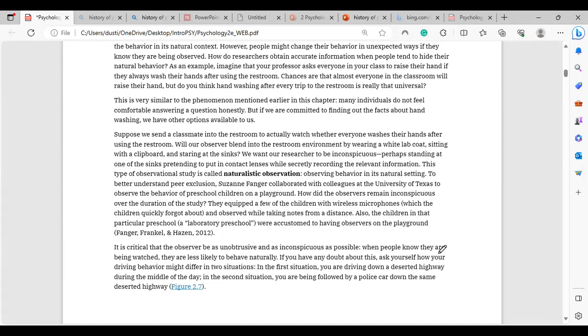And when I think of naturalistic observations, just in my work, I could have some behavior concerns and challenges with students, and I could hear that they're having X, Y, and Z behavior issues. Then I could put them into a controlled environment, a control room, trying to set up the experiment.